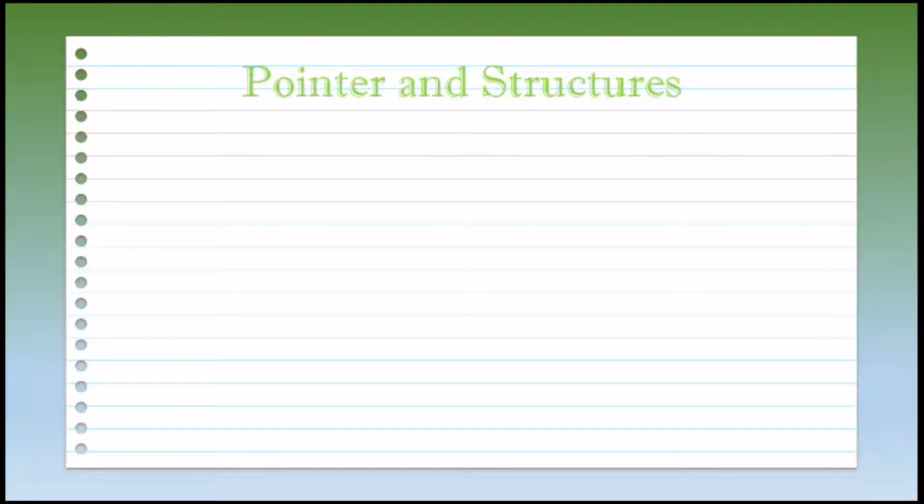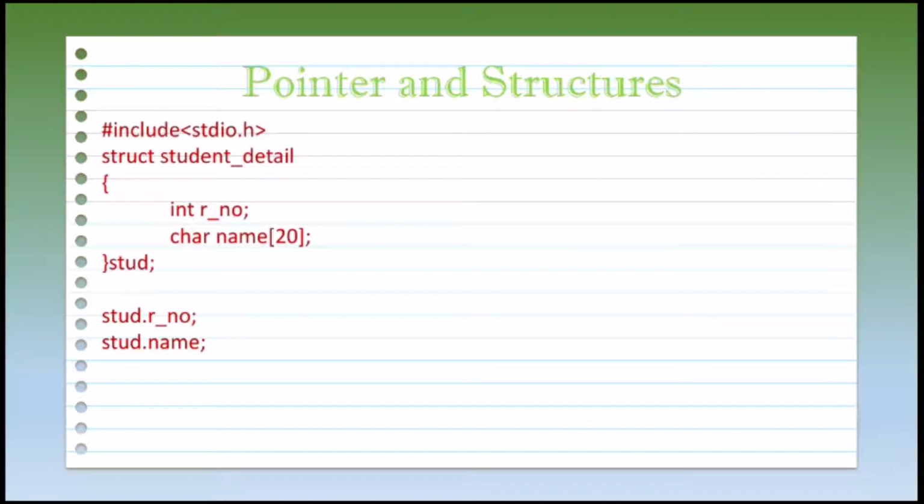But before that, we will see structure variable declaration. So this is the normal structure variable declaration. We have taken one structure data type and the name of that data type is student detail, and in that there are two members, that is R number and name.